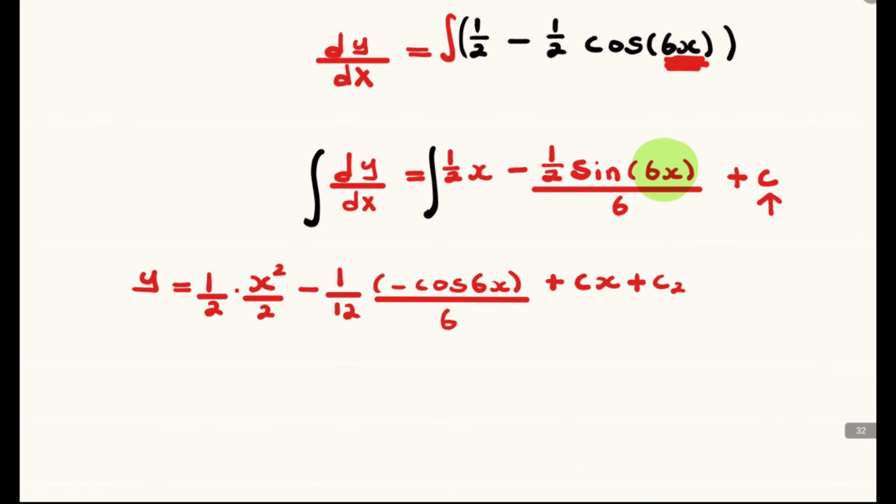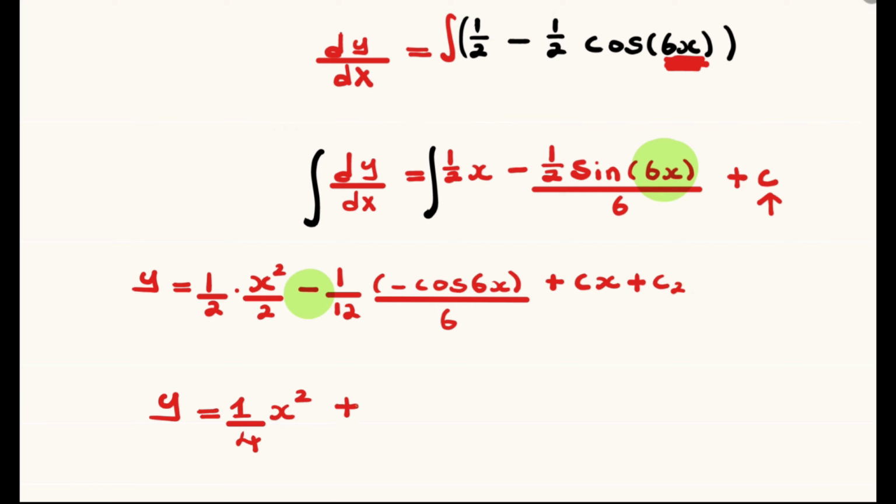We simplify and we have y equal to half multiplied by half, which is 1 over 4 x squared, minus, but that negative multiplied by negative will be positive.